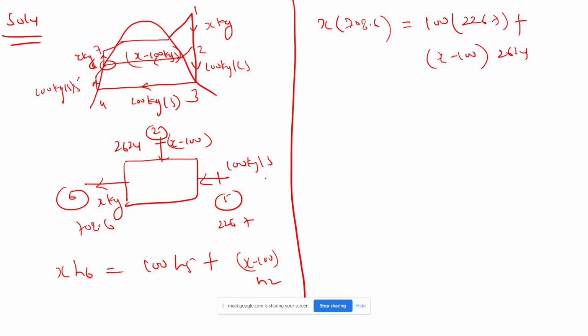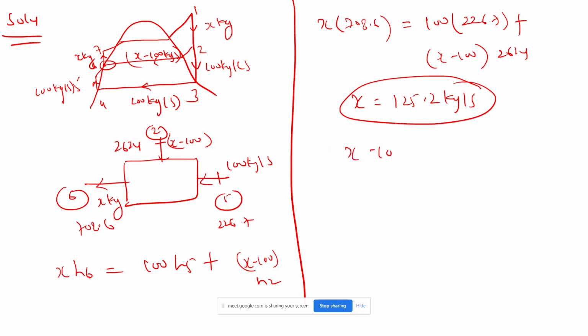After solving we get the value of x as 125.2 kg per second. What they have asked in the question is how much is being extracted, so x minus 100: 25.2 kg per second we will get here.